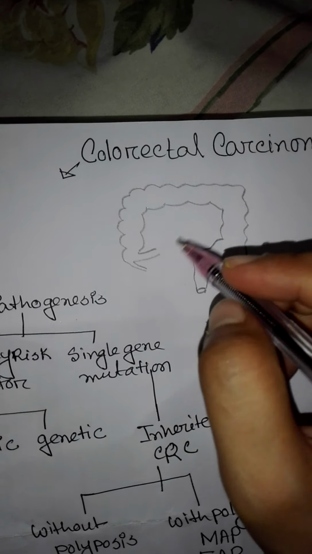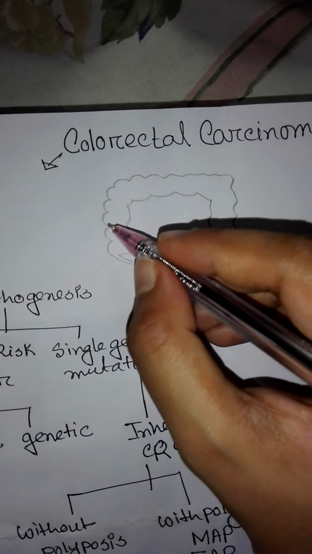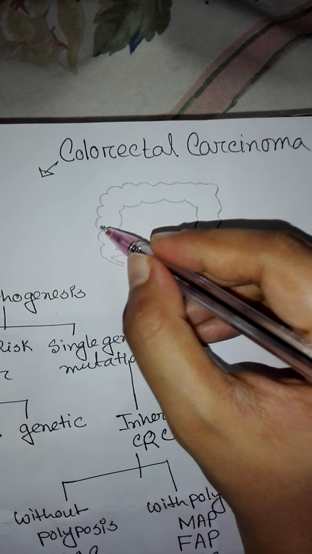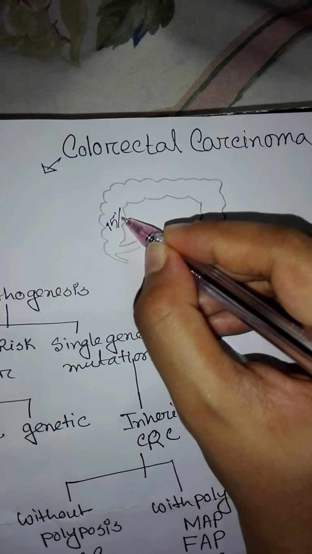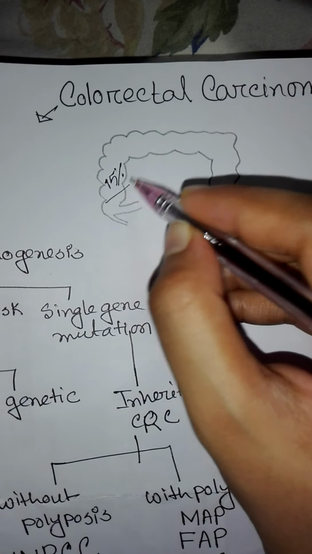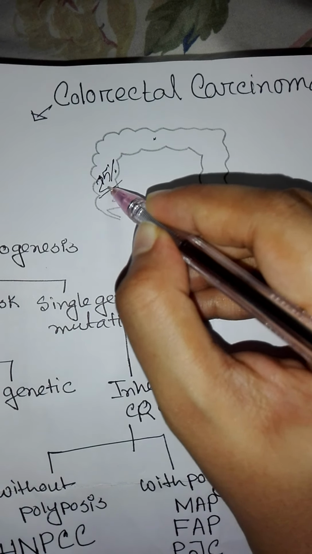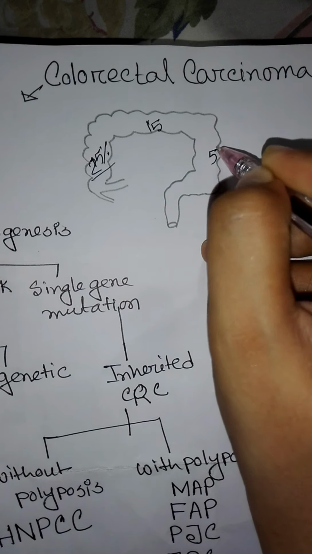Now I'll discuss the most common site. I draw a large curve in the ascending colon. There is a 25% occurrence of colorectal carcinoma in the ascending colon.